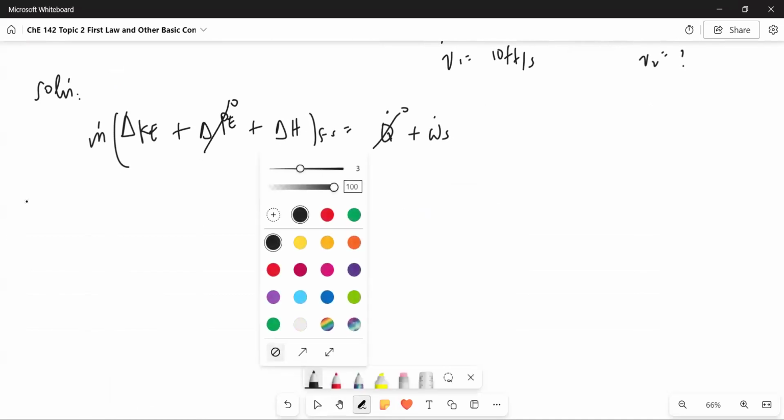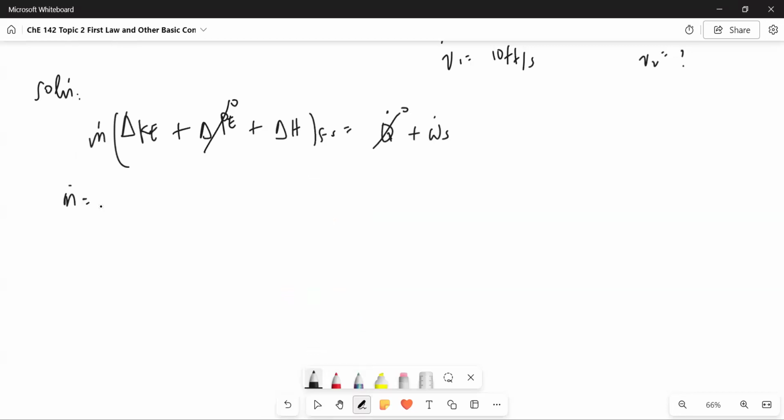Next, we want to calculate the mass flow rate since it's unknown, using the continuity equation. So let's write the continuity equation. For the mass flow rate, use the inlet data. These are known, the diameter.